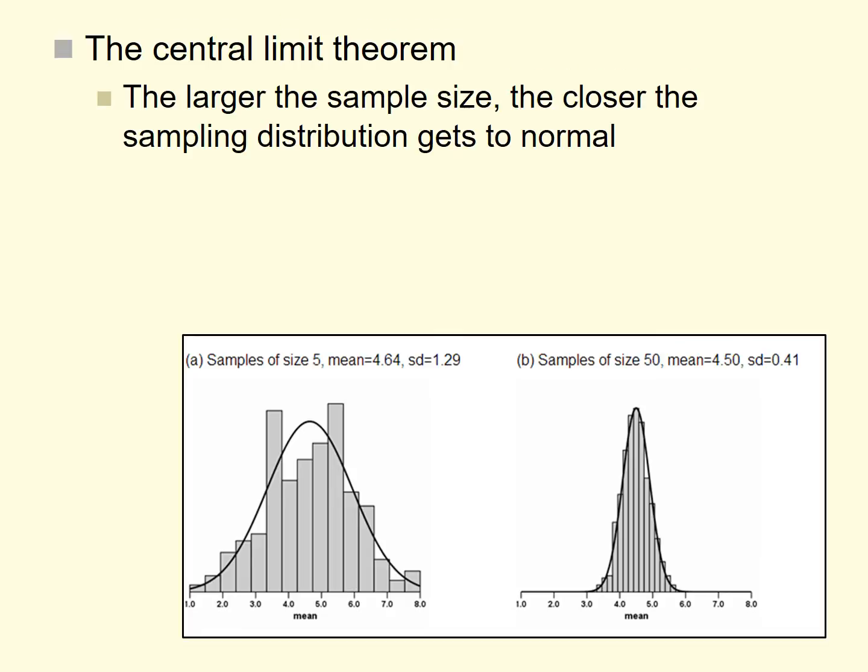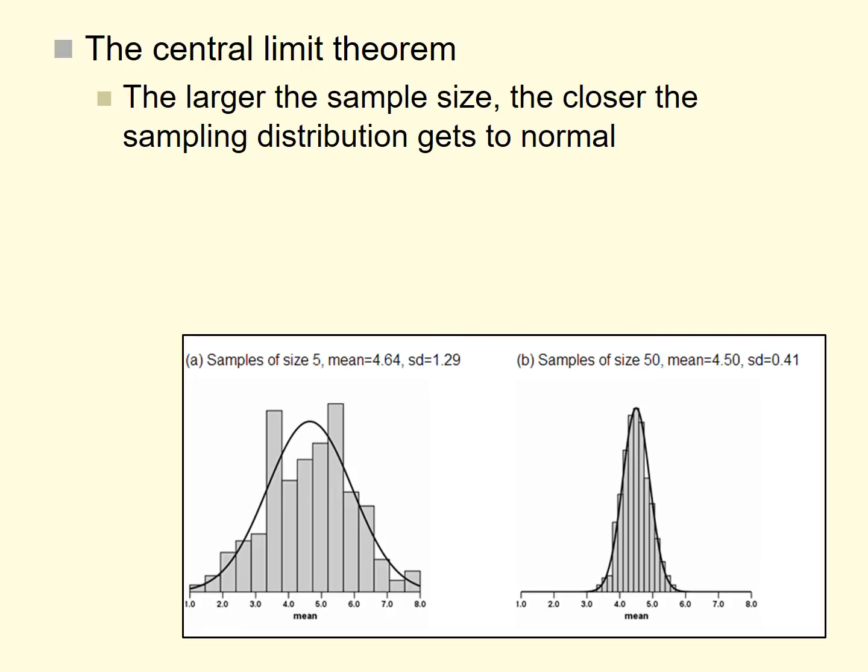It could probably be put a little more elegantly than I just put it, but the bottom line is that with larger sample sizes, the closer the sampling distribution gets to the normal curve. And you can kind of see that here. This is an image where I've got sample size 5. I believe this is like 10,000 or 100,000 samples conducted and formed into a distribution.